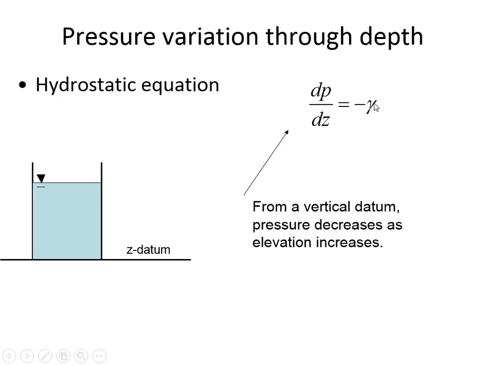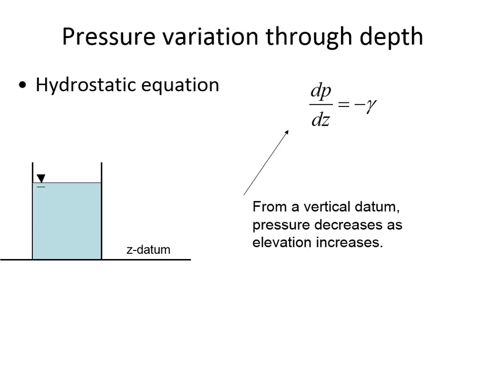Does anybody remember what the name of gamma is, the variable? What do we call that variable that's expressed by the symbol gamma? Specific weight? That's right. Or we sometimes call it unit weight. Either one is okay. And what we know is that for water, the specific weight is 9810 newtons per meter cubed.